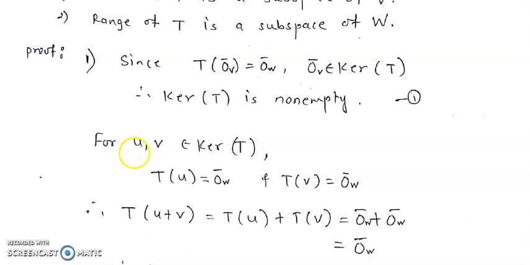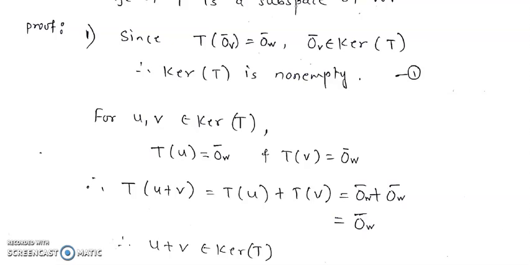And if u and v are any two vectors in kernel of T, then T of u equal to zero vector in W as well as T of v is zero vector in W. Therefore, T of u plus v, which is T of u plus T of v, equal to zero vector in W plus zero vector in W, which is nothing but zero vector of W.